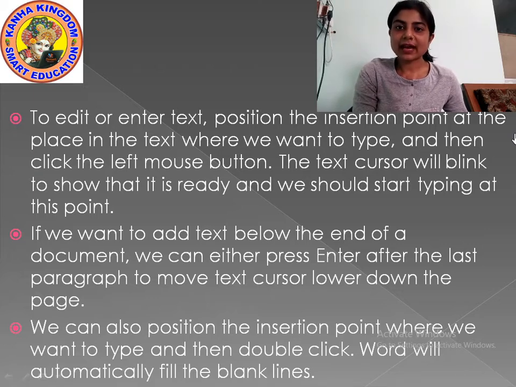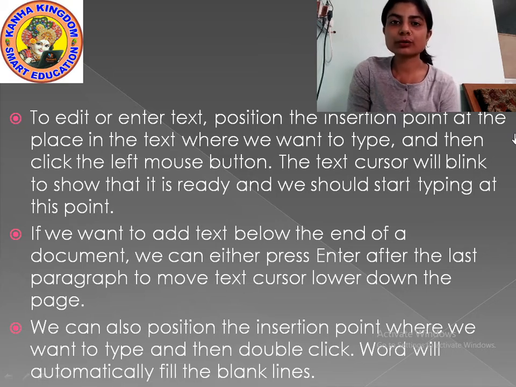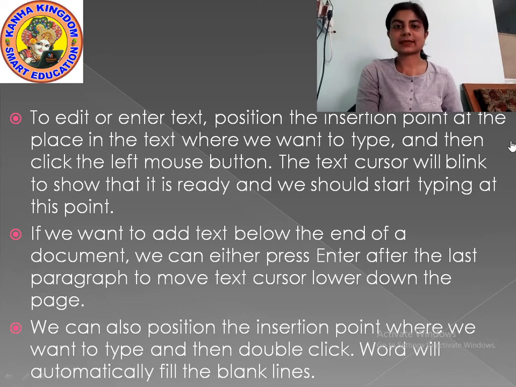And that you can do with the help of the left click of the mouse. That insertion point I will be changed into a single blinking cursor when you left click after placing the insertion point from where you want to type the letters.